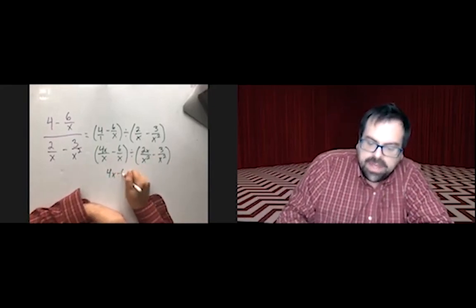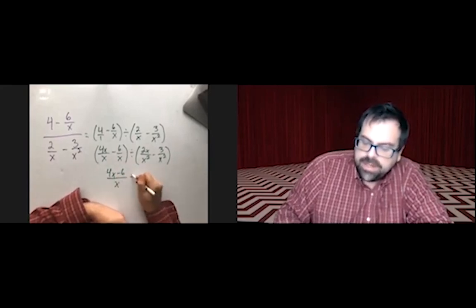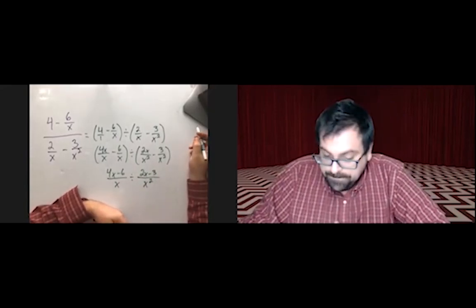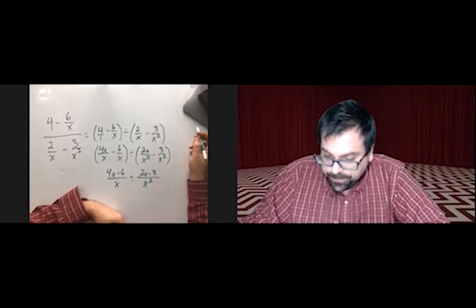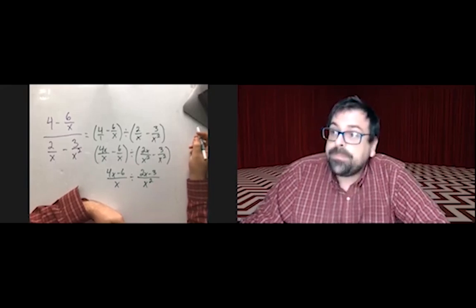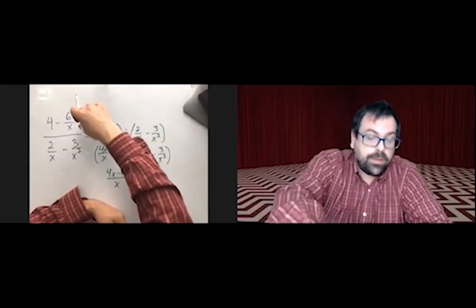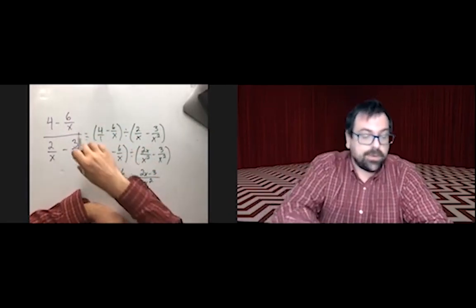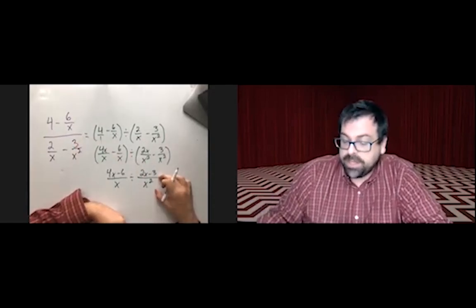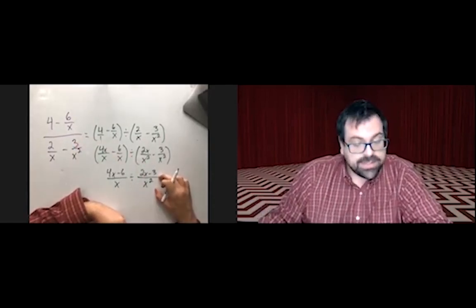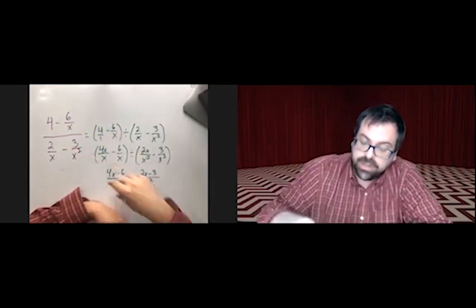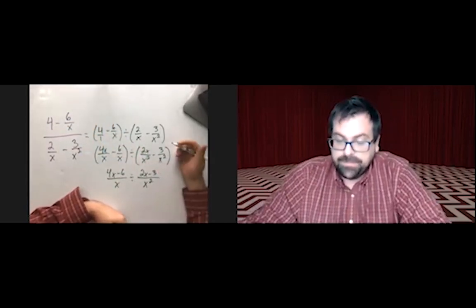This is 4x minus 6 over x divided by 2x minus 3 over x squared. Or, you work on the top until the top says 4x minus 6 over x. Then you work on the bottom until the bottom says 2x minus 3 over x squared. And then you'll turn it into, since it's fraction over fraction, fraction divided by fraction.